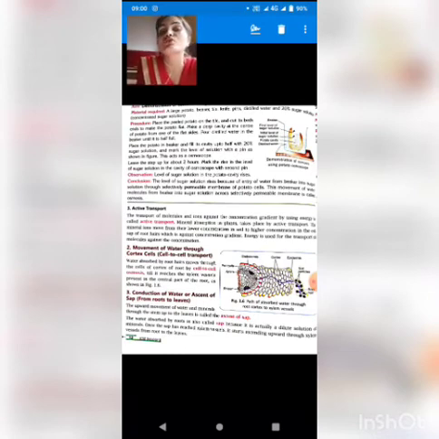So here also, students, against the concentration gradient means that it is not getting moved in the way it should be. For example, in osmosis and diffusion, we were seeing that the movement was taking place from the region of higher concentration to lower concentration.